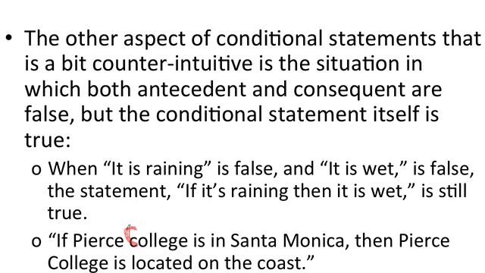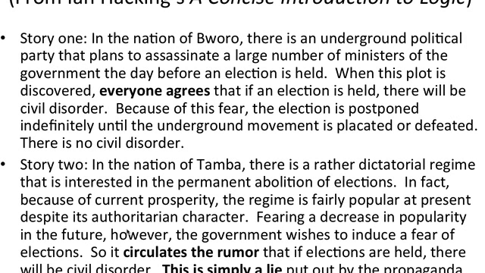Now, some of you are probably thinking, well, wait a minute, I can come up with some cases where the antecedent's false and the consequent is false and the sentence as a whole is false. And if that's the case, then you're probably anticipating the ways in which some logicians say that the horseshoe should not be treated as a truth functional operator, and that in fact conditionals can't be properly treated truth functionally without losing some robustness of what the conditional means.